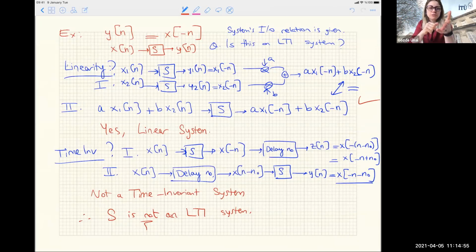But for this time reversal system, which does a time axis scaling, it was not an LTI system.